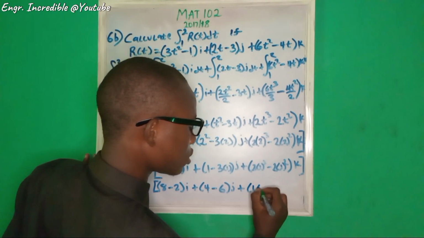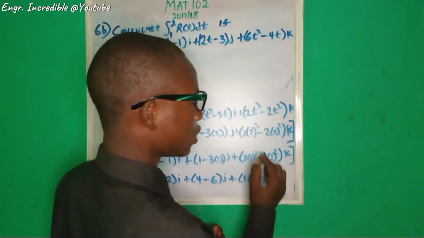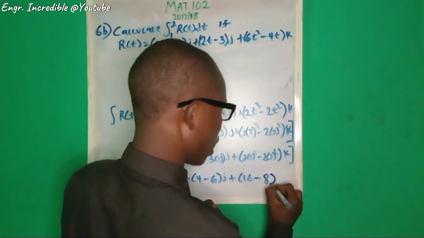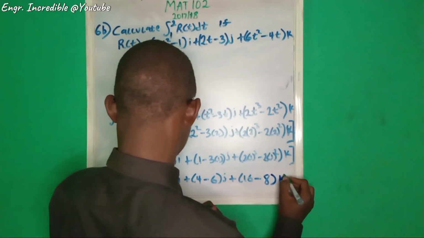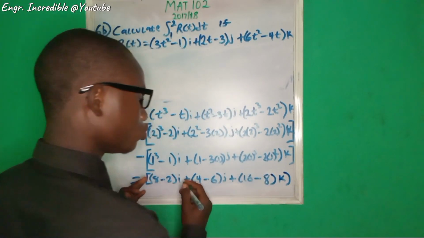We have 16 minus t square, that is 4 times 2 here, which is 8, like that is minus 8, and this one is k. So this one is for the 2 side.